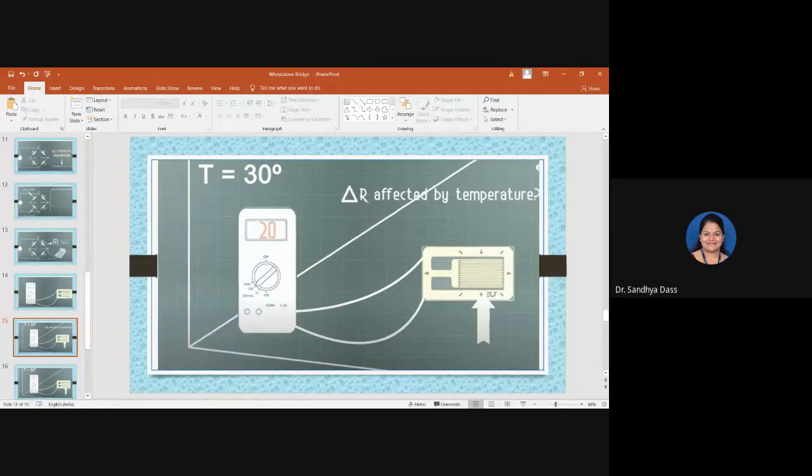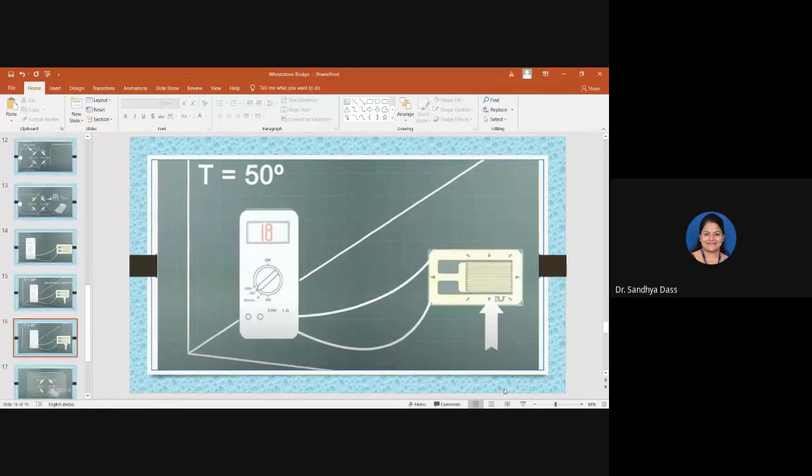If you repeat the same experiment at temperature 50, applying the same amount of force to the strain gauge, then it might indicate its resistance as 18. Which means that some sensors vary their characteristics with respect to temperature.